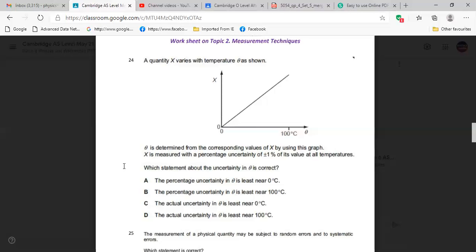So 1 degree is coming from the scale, like in your ruler you can measure till 0.1 centimeter, right? Yes, sir. So 0.1 centimeter is your actual uncertainty. Like if you are measuring the length of anything, it is coming 5 centimeter, then you write 5 plus minus 0.1 centimeter. Is it clear now? Yes, sir.